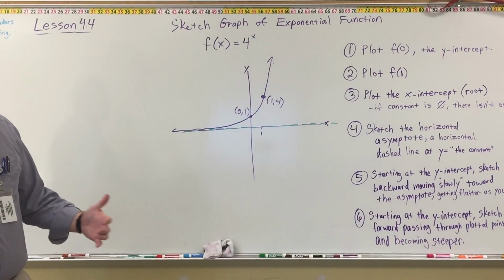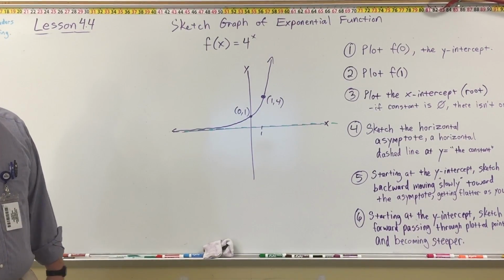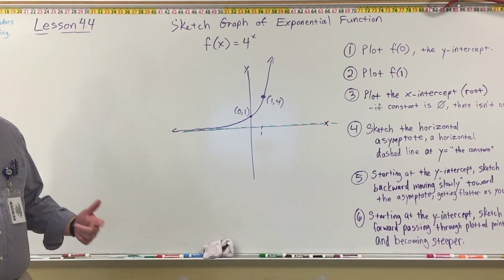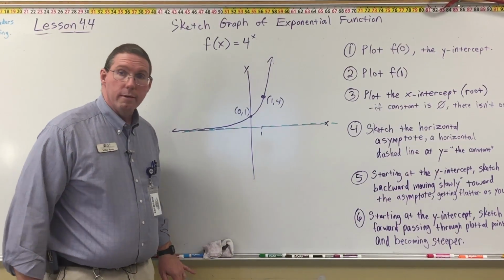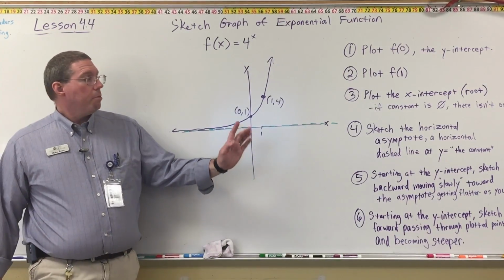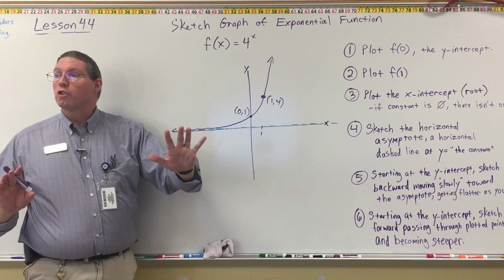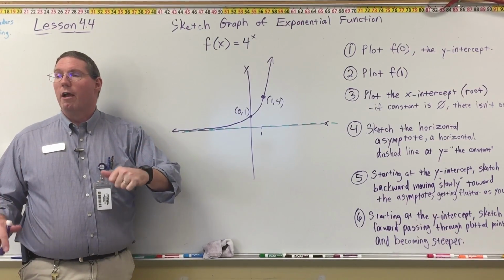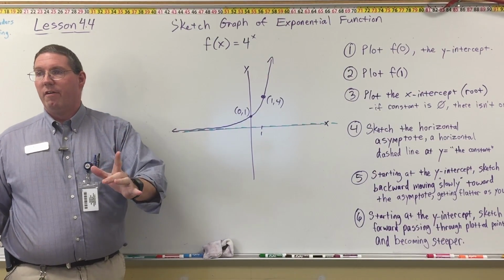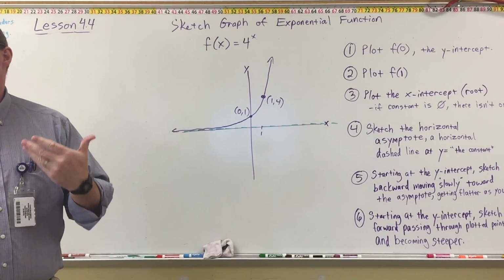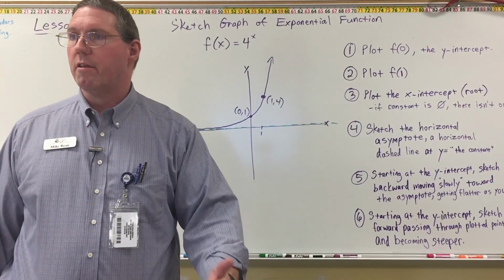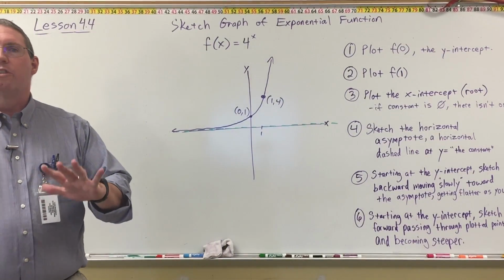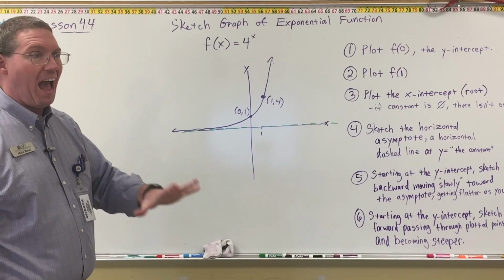Now we are going to see in a couple of examples how you have to be able to know. But I do want to point something out. If you're looking at the graph of an exponential function and you're trying to figure out what the base is, what the constant is, here's what you need to understand, a couple of facts.